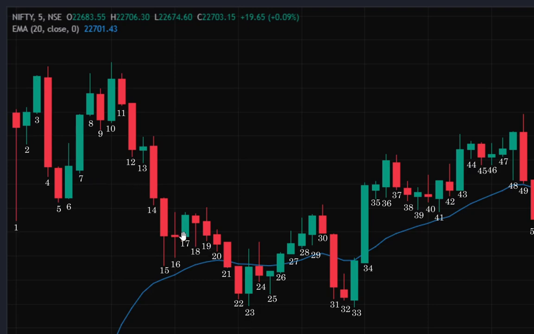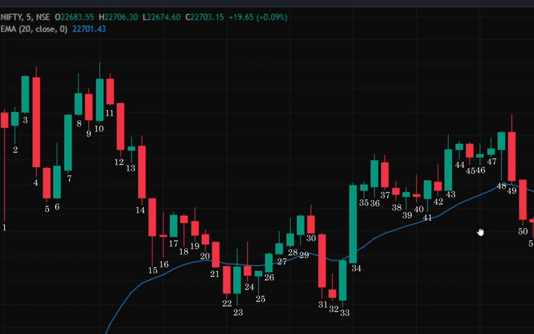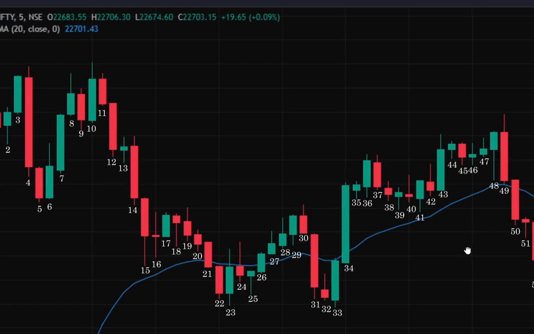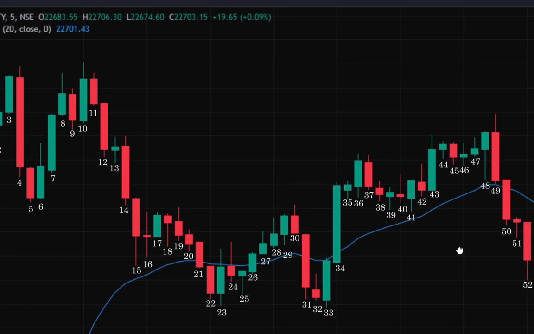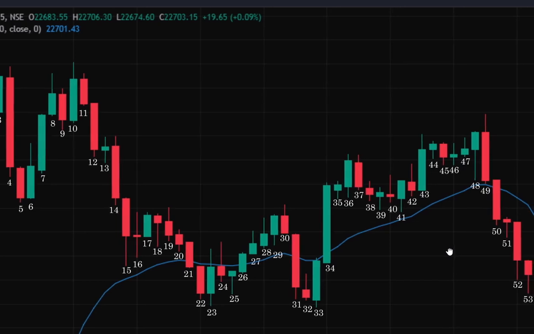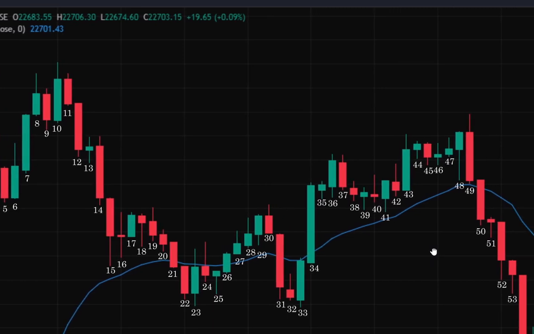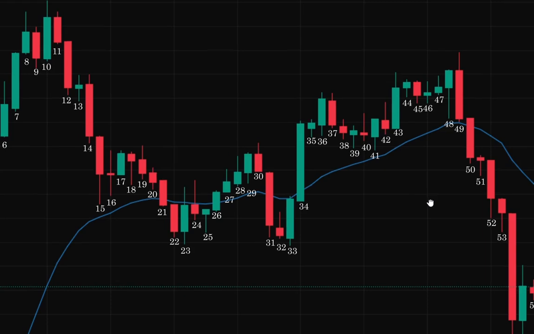We know that the day has closed, and it is very easy to do the analysis after the day has closed. But as you can see, after this bar we don't know what is going to happen at bar number 55. We don't know what is going to happen after bar 52. What will bar 53 be? We don't know. That is the way the price goes.